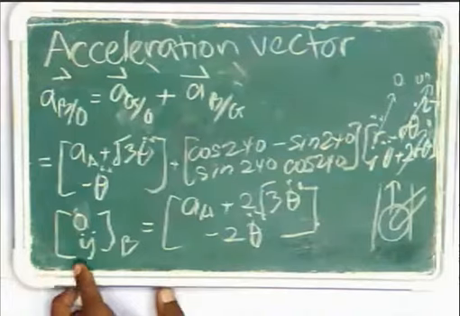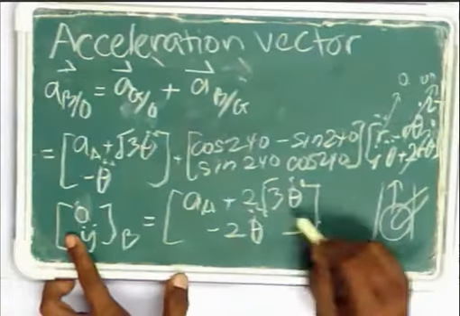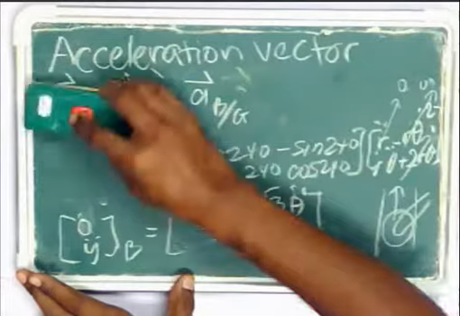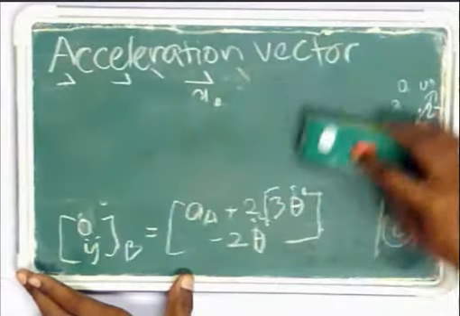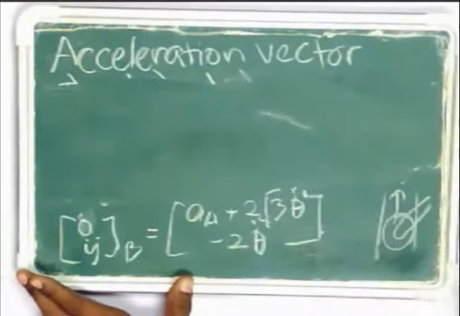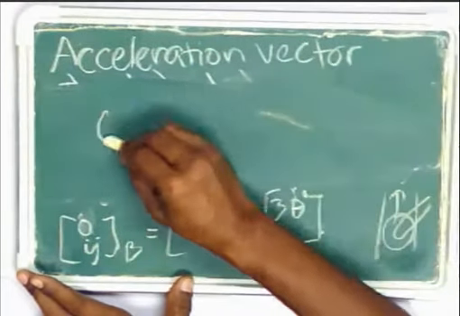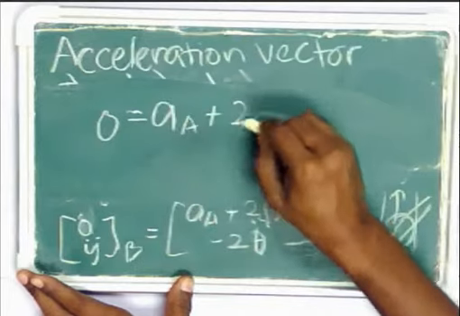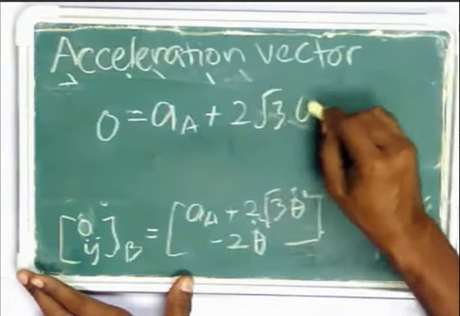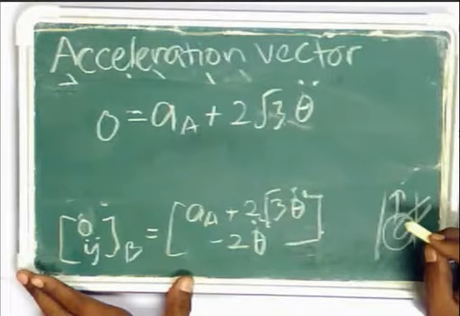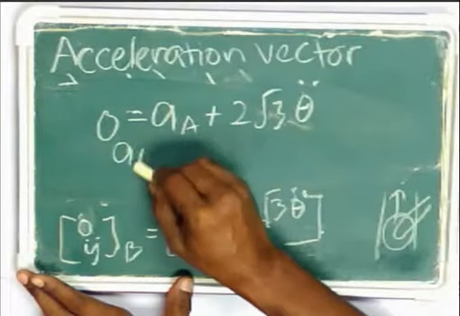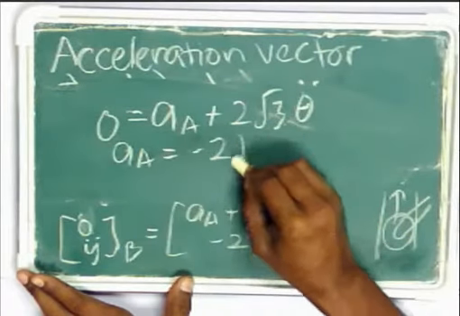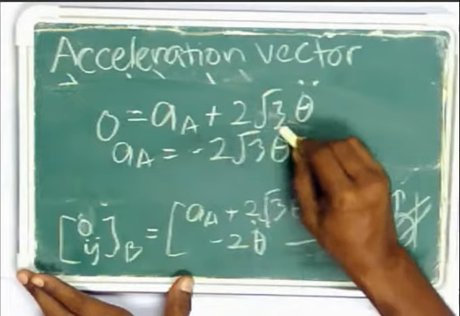So what you find is 0 equals A plus 2 square root 3 times the angular acceleration of the slab, so A equals minus 2 square root 3 theta double dot.